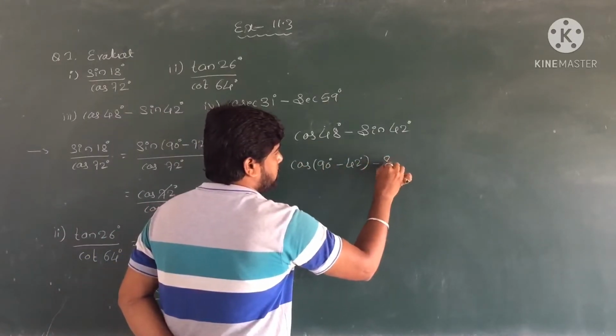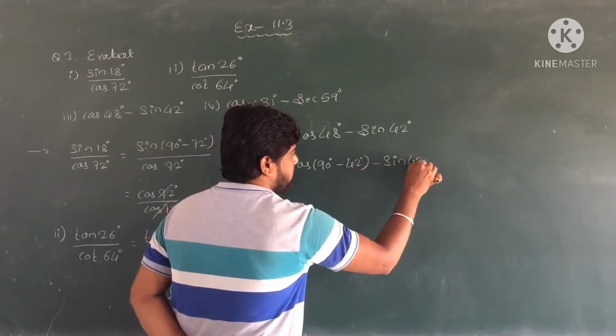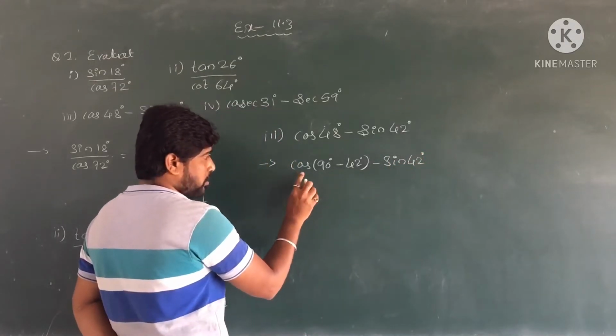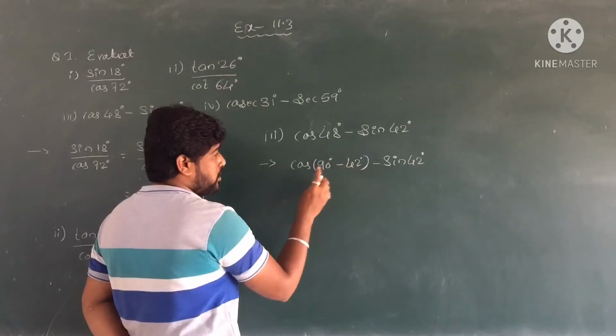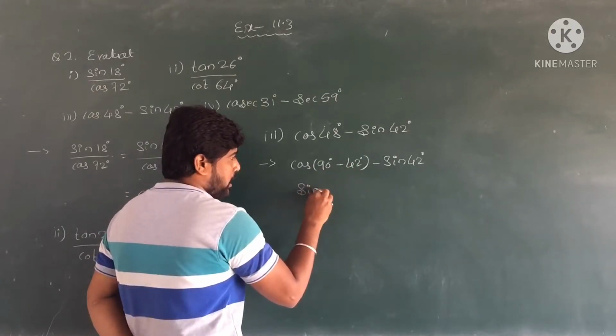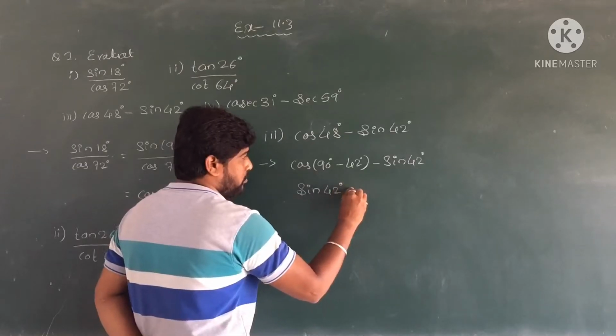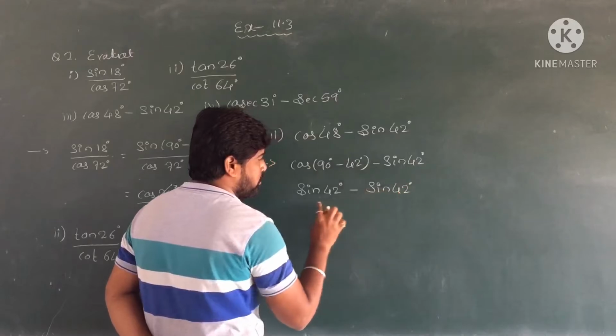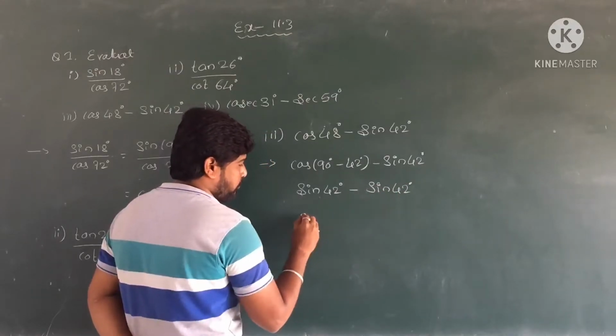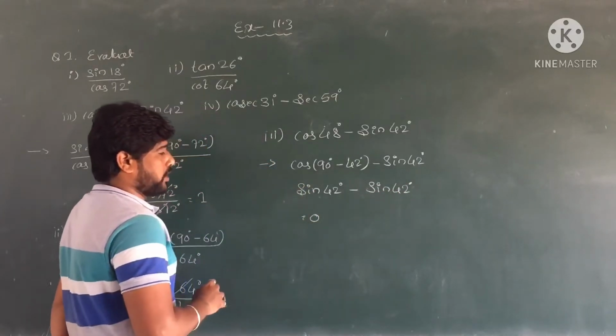So next, minus sin 42 as it is. So here we know that cos(90 minus theta) is sin theta. So here sin 42 degrees minus sin 42. So sin 42 minus sin 42, we get 0 here.